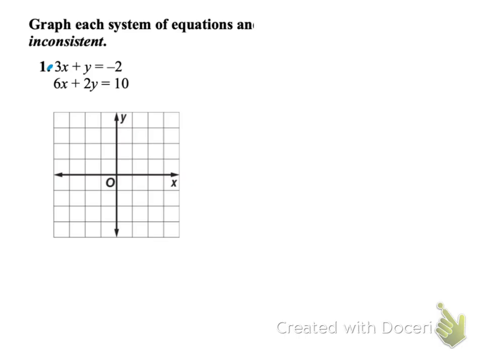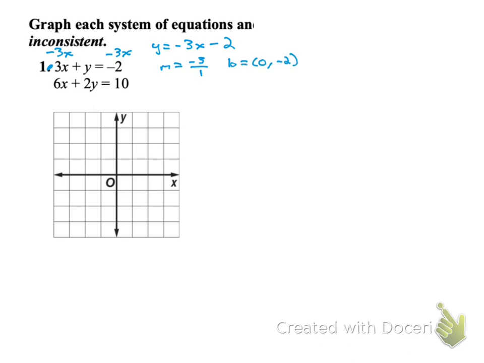So, first, on that line, I'm going to subtract 3x, which gives me y equals negative 3x minus 2. My slope is negative 3 over 1.